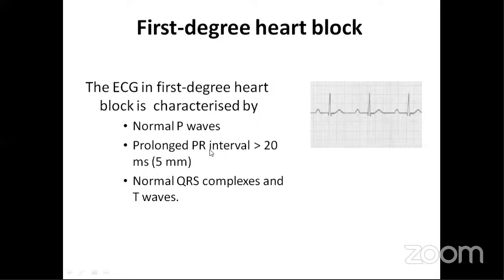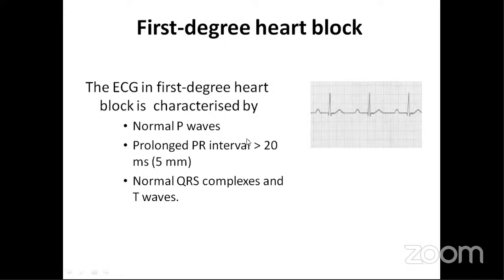And coming to the block, first degree block: there is a normal P wave and prolonged PR interval. You can see here the interval between the P wave and the QRS, that is the prolonged PR interval. The interval between P and R is higher than normal. And normal QRS complexes and T waves.